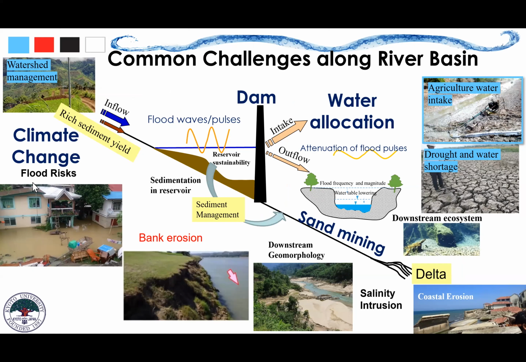Sometimes in the upstream area we have lots of flood risk, and also in the downstream area, with flooding and bank erosion. Therefore, we have many dams constructed to protect the downstream area from this high flow and sediment.